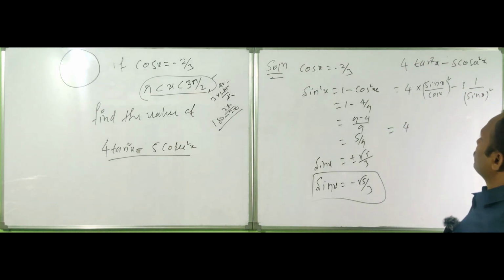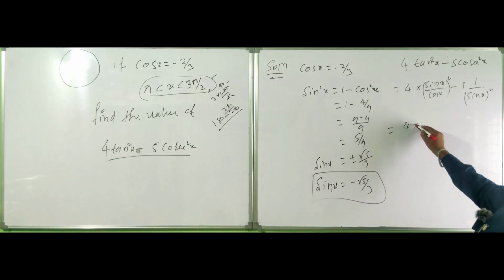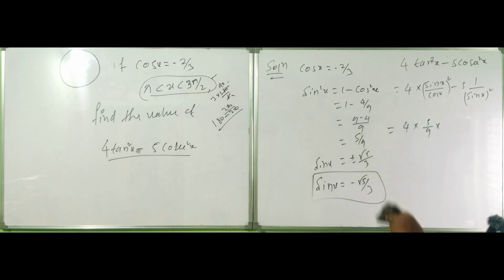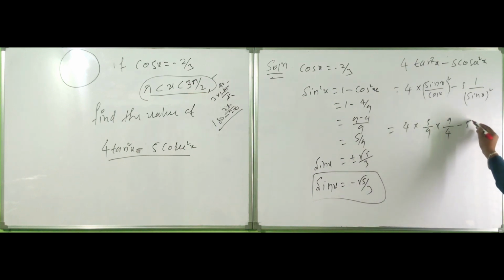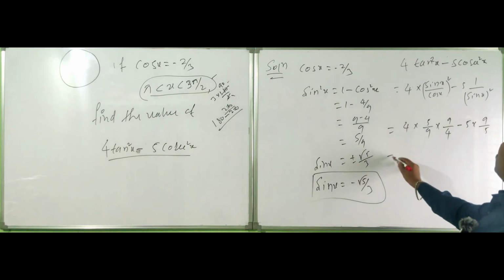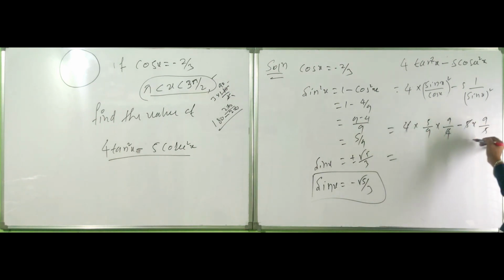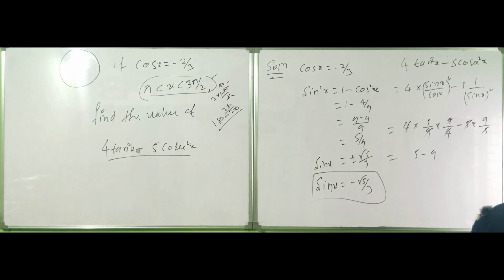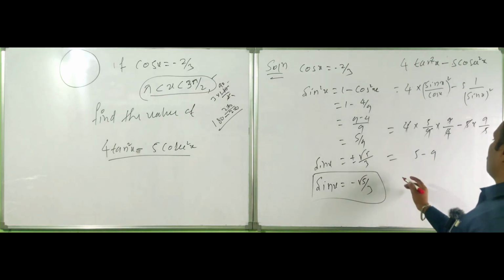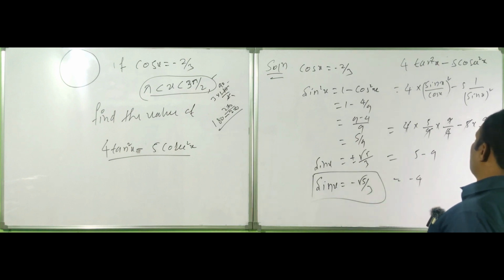This becomes 4 into 5 by 9 into 9 by 4, minus 5 into 9 by 5. 4, 4 get cancelled, 5, 5 get cancelled, 9, 9 get cancelled, 5 minus 9 is minus 4.